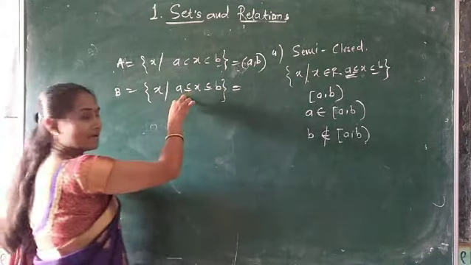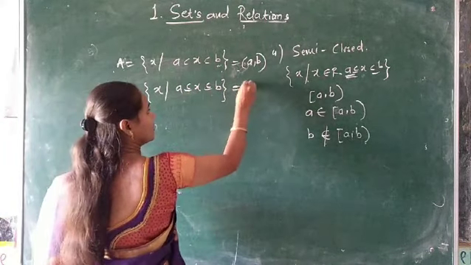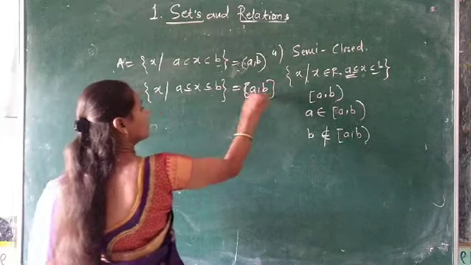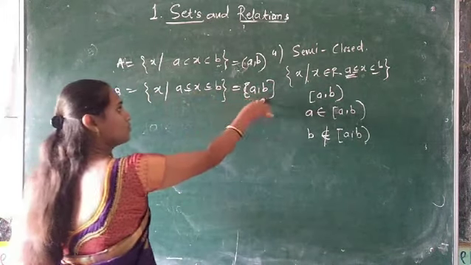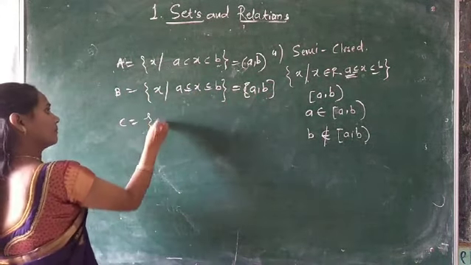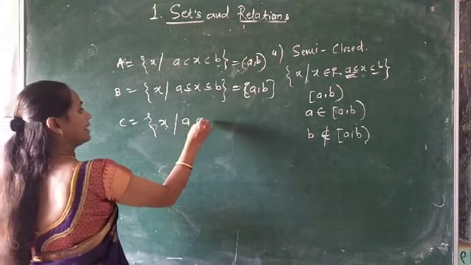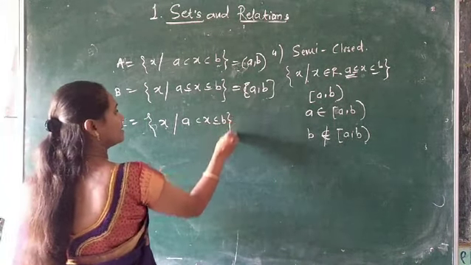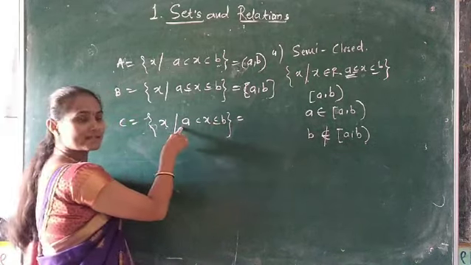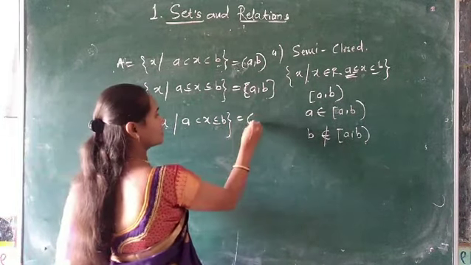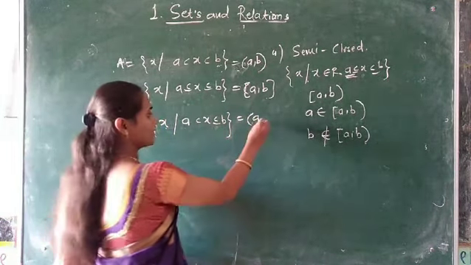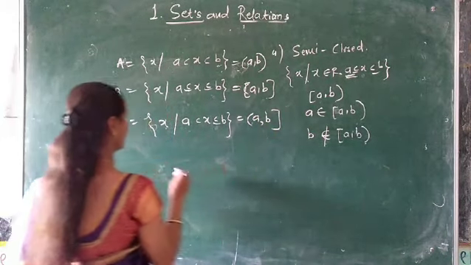Here there is inequality and both points are included in this set, so closed [a, b]. Next, x such that a less than x less than or equal to b. The point a will not be in the set but b will be in the set, so on a's side the set will remain open and on b's side it will remain closed.